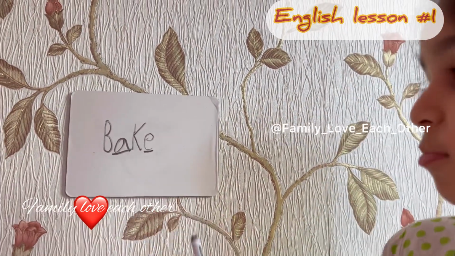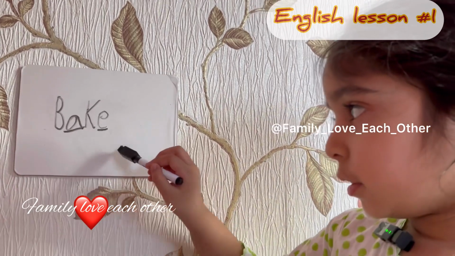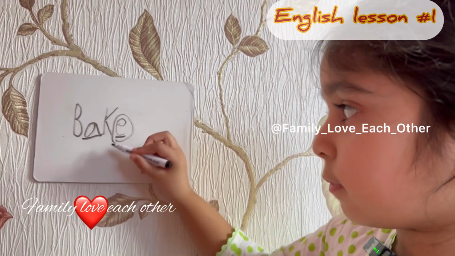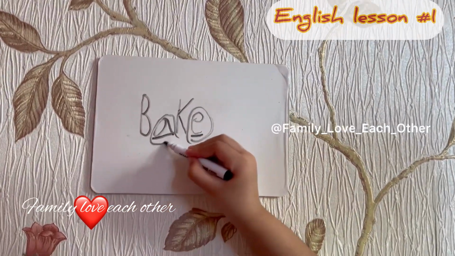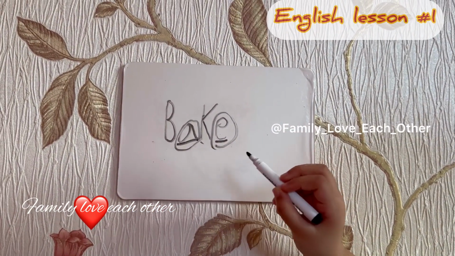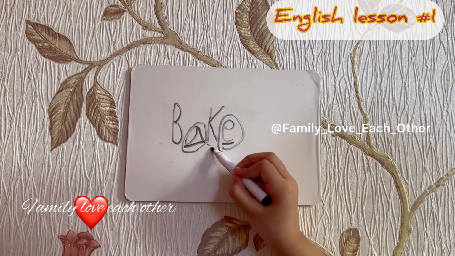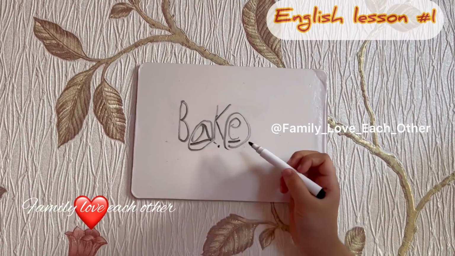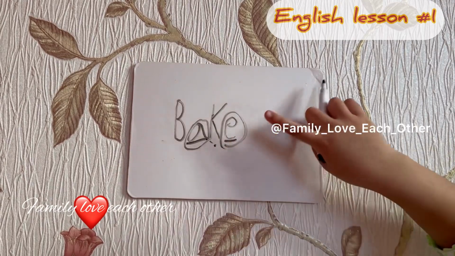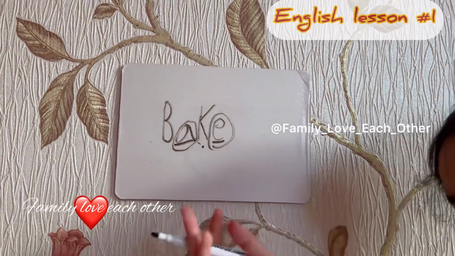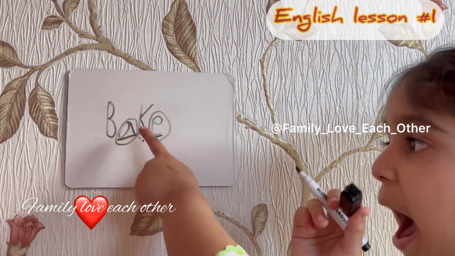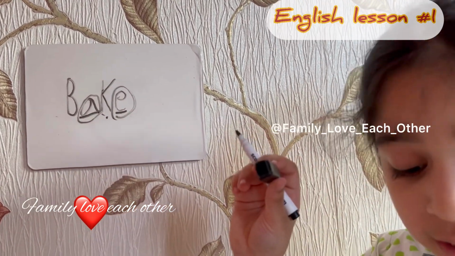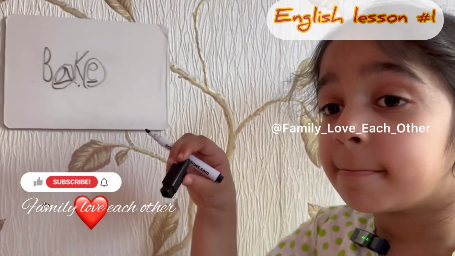So that says bake. These two letters make this, so this makes bake. If we didn't have the E, it makes a different word. It makes back. It's like bag, but back.